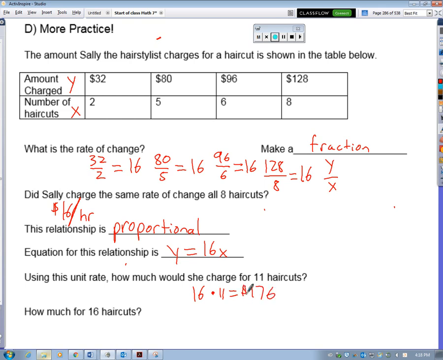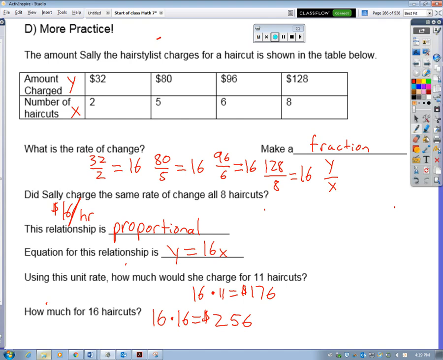That's how much she's going to charge for 11 haircuts. What about for 16 haircuts? Well, we're going to take $16 times 16 haircuts, and that's going to get us $256 if we do the math on that, and that's how much she would charge for those haircuts. Alright, that's what we use that equation for.